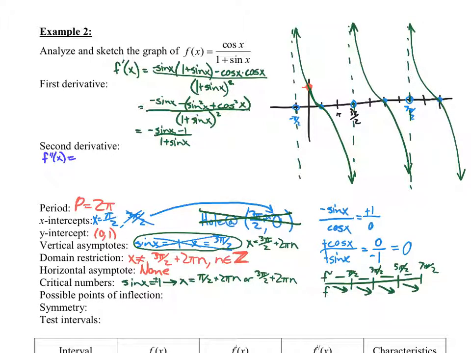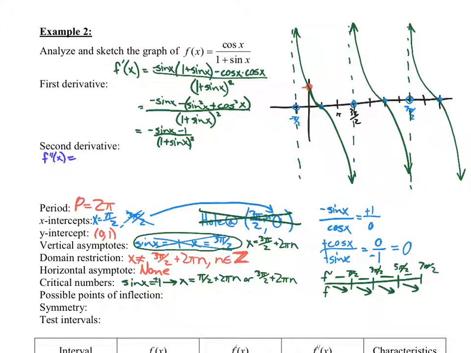Oop, I lost a square back here. That wouldn't affect any of our signs because those are all positive anyways. It wouldn't affect any of our work, in fact, because that would still be 0 when sine was negative 1, and those would still be positive when we were figuring out our sign diagram, so that all still works. Okay. So now, second derivative.